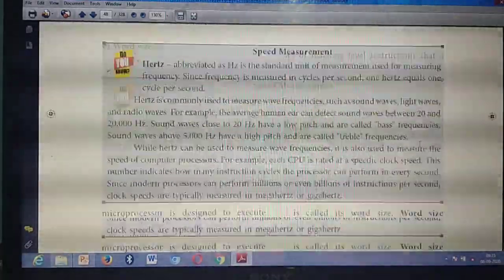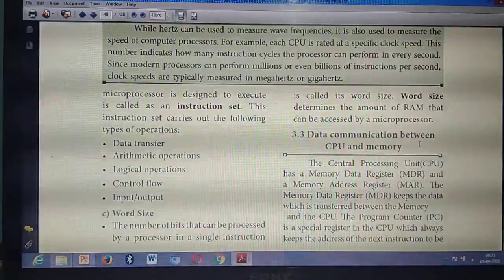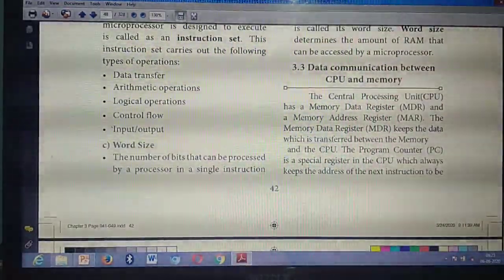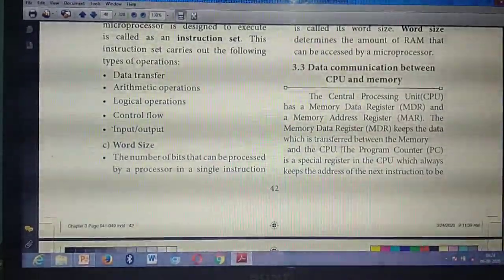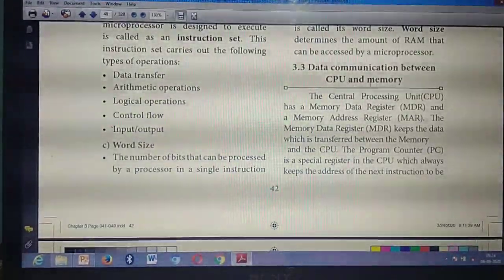Next question. Program counter. Same page 42, under the heading data communication between CPU and memory.